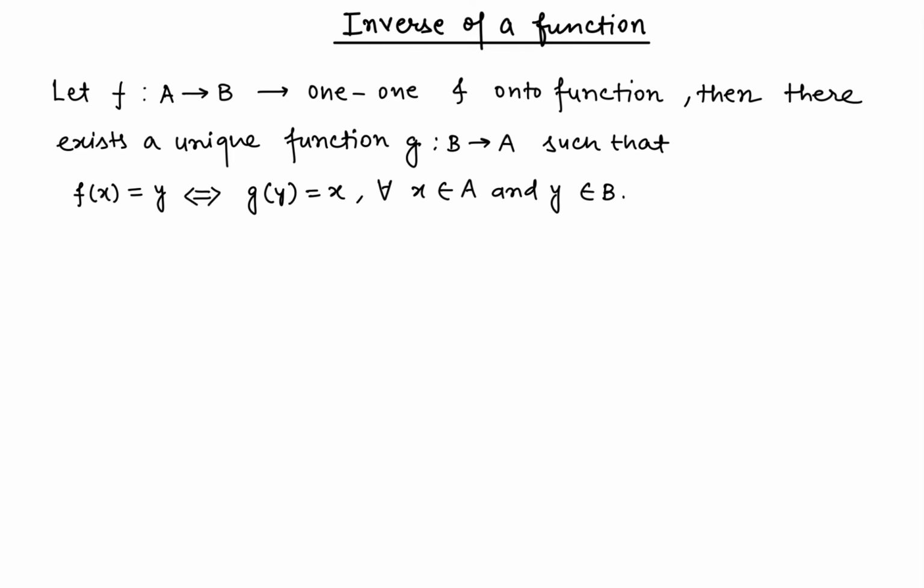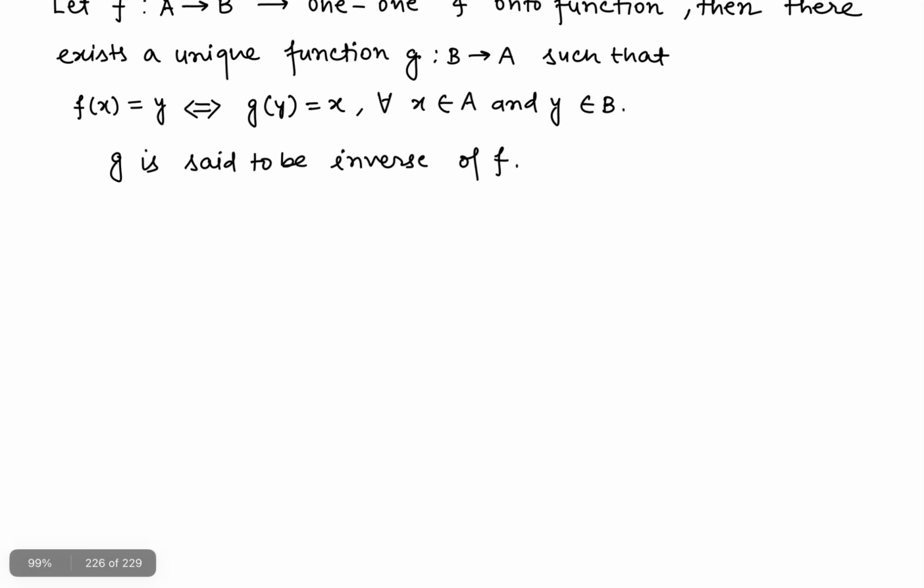In this case, g is said to be the inverse of f. Okay, so we can say that g is equal to f inverse, which maps from B to A, and we can define this in set builder form. So how do we define it?